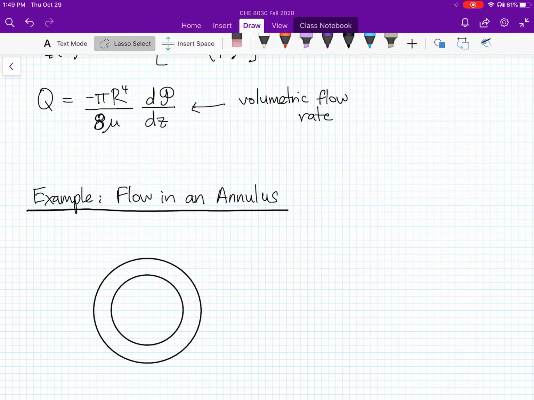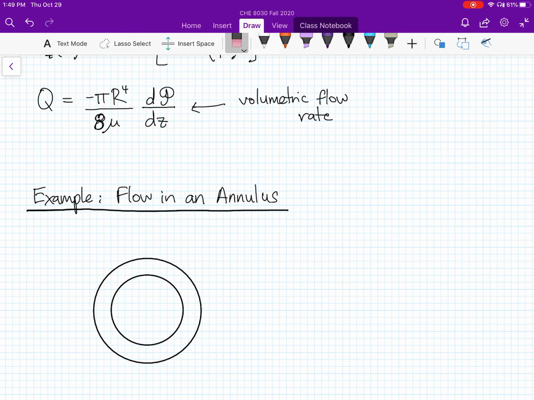Okay, so in this particular problem, what we have is our fluid on the outside of the inner pipe, but on the inside of the outer pipe.